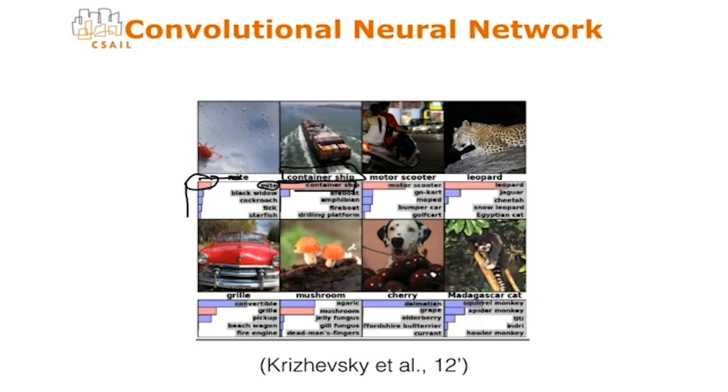Here are just some examples where it makes an error. For this image, the model predicts with high probability that it's a convertible, but the actual answer in the data set for that image is squirrel, and so on. So it works quite well and makes actually quite reasonable errors, as you can see here.